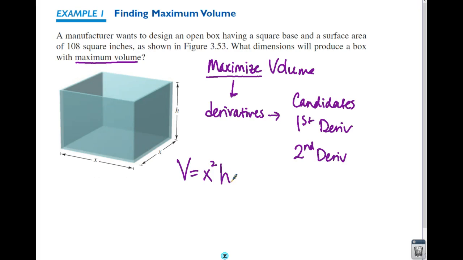However, everything we have done up to this point, we only have things in terms of one variable, okay? Or really, I guess we should say volume can be written in terms of one variable. Here, volume is written in terms of two variables, both the x and also its height. So in order to get this to a place where we can actually maximize it, we need to put it in terms of one variable.